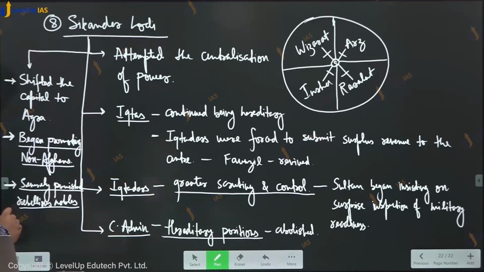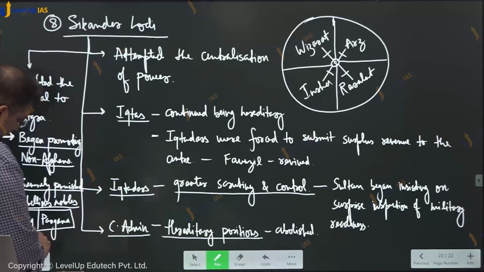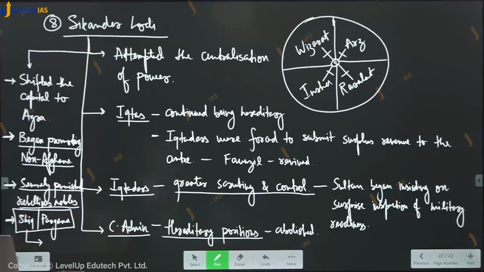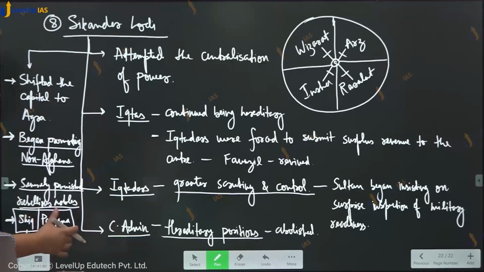Further, in the sub-provincial units of administration, such as Shiq and Pargana, especially in the economically important Iqtas or the strategically sensitive Iqtas, he took the powers of appointing the officials away from the local Iqtadars and began to appoint the officials directly himself.